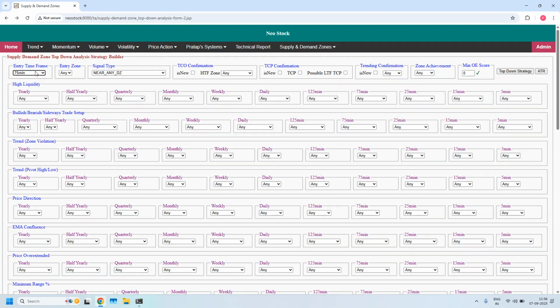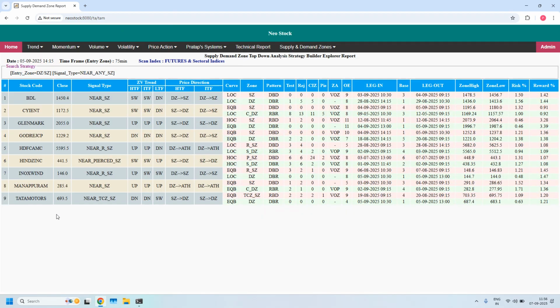Okay, next. For 75 minutes time frame, stocks near to the 75 minute supply zone, we got 9 stocks. Let us identify high liquidity 75 minute supply zones from this list.